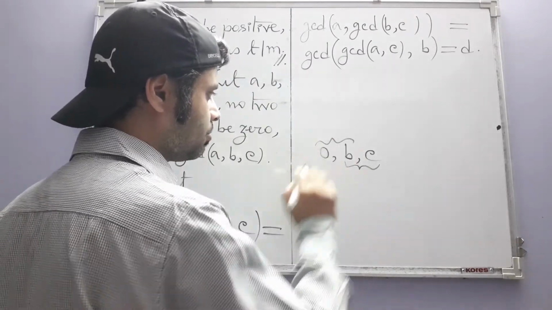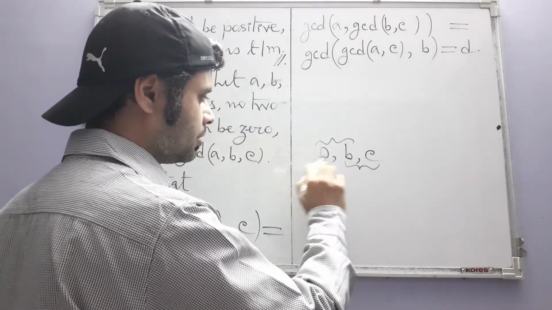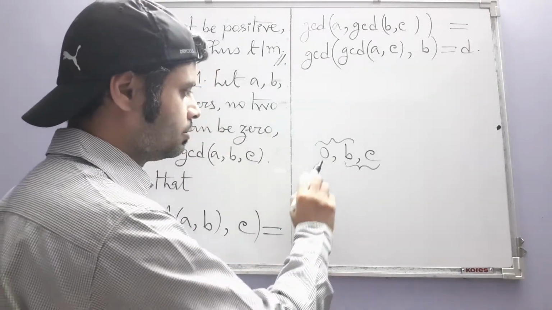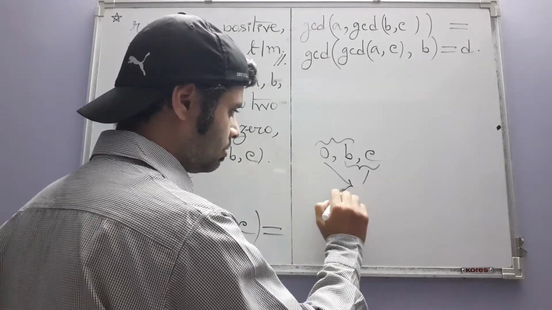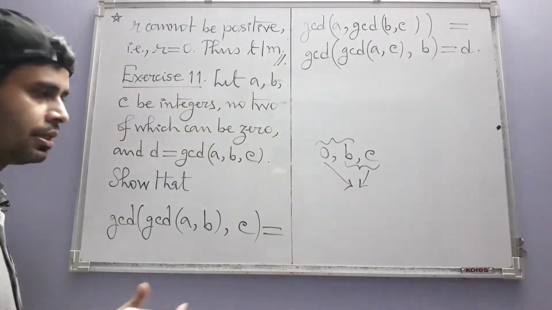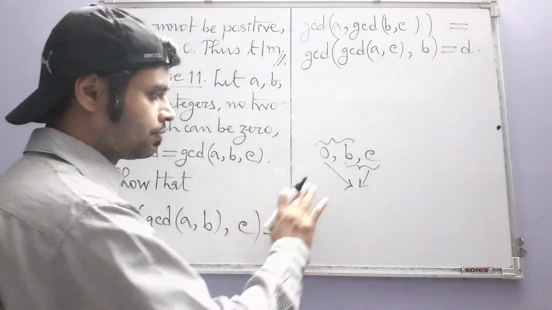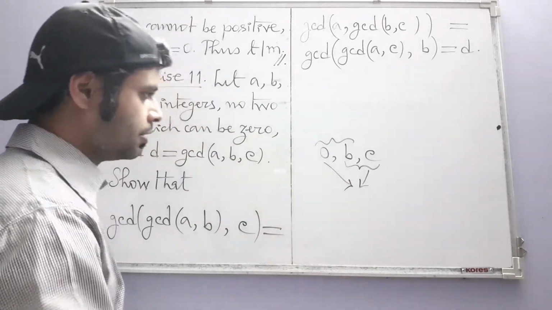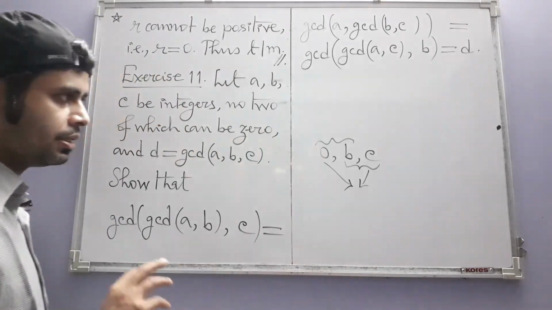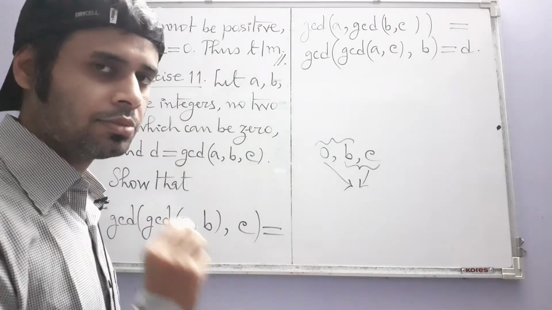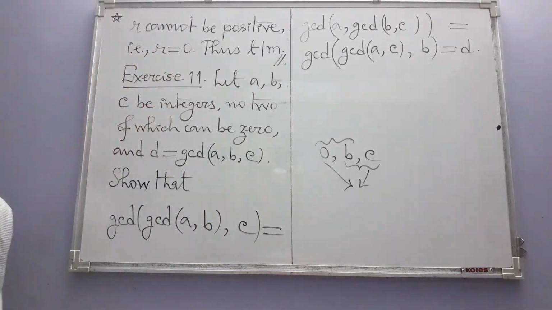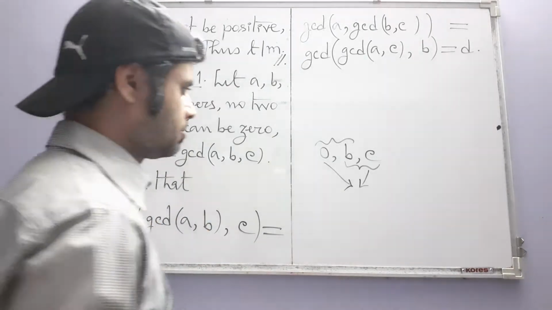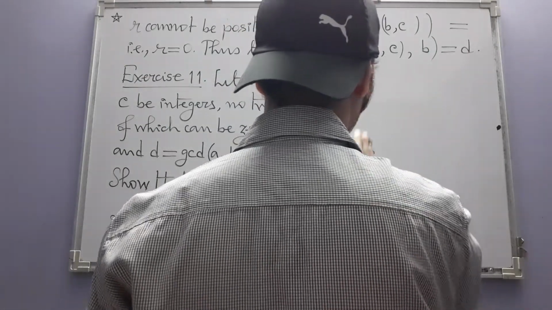If you take 0 and B, then they are not simultaneously 0 because B is non-zero. And if you take 0 and C, then also C is not 0. So no two of them are simultaneously 0. So this possibility is there. One of them can be 0 or all of them are non-zero. So let's now see the solution.